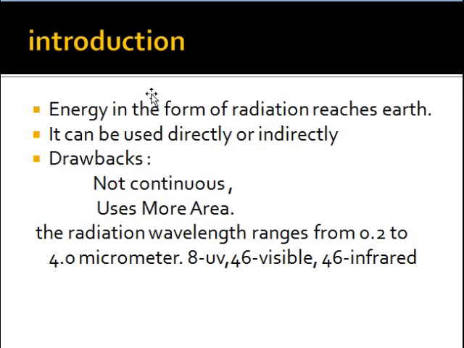The energy that reaches the earth may be used directly, or it may be used indirectly. Directly in the sense you take the solar radiation and use it for heating applications.